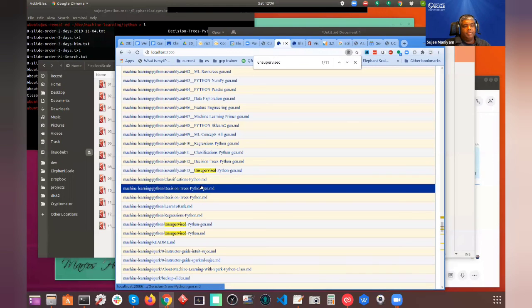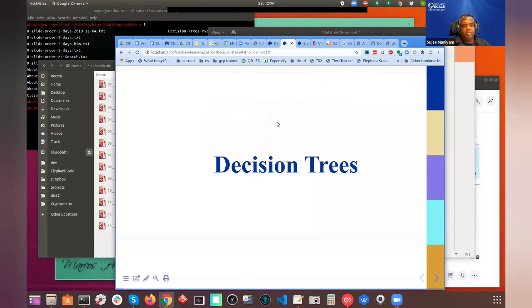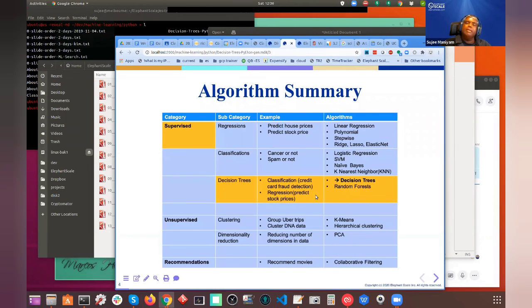Those are the ones that are going to help you, especially when you do production scale classification and regression, like random forests and extra trees. So I want to make sure you guys had a chance to work on those as well, right?